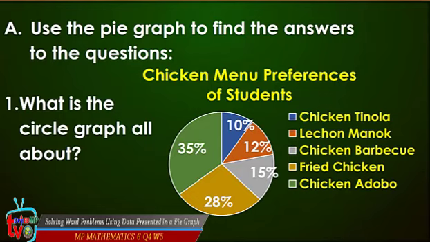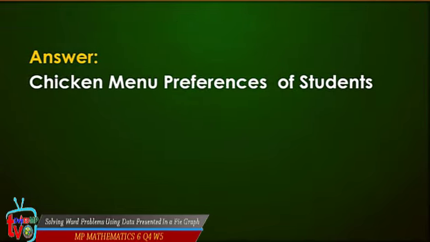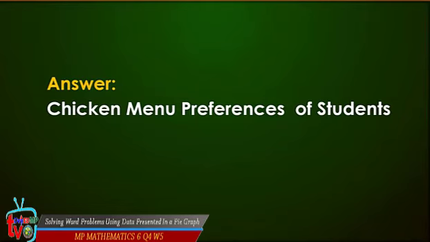Activity A. Use the pie graph to find the answers to the questions. Number 1. What is the circle graph all about? Answer: chicken menu preferences of students.